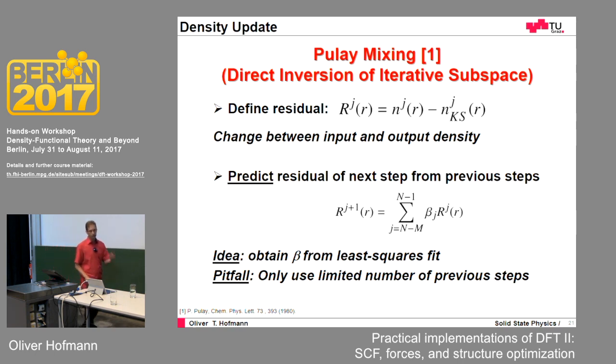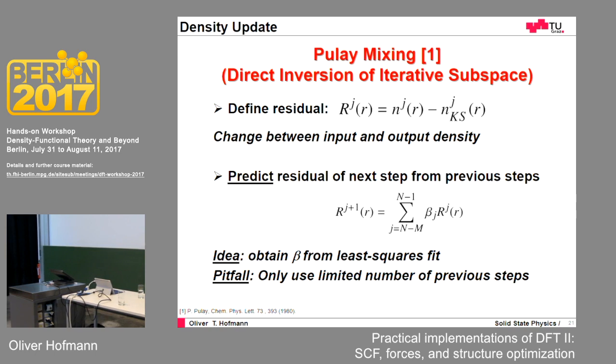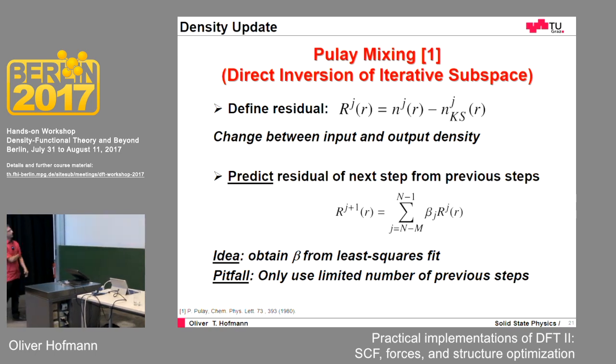We do that for a number of iterations. And after a number of iterations, we combine these error vectors such that we try to predict the electron density where the next error vector would be 0. Right? This is what's shown here. We weigh them in a least squares sense such that the next residual would be, if possible, 0.